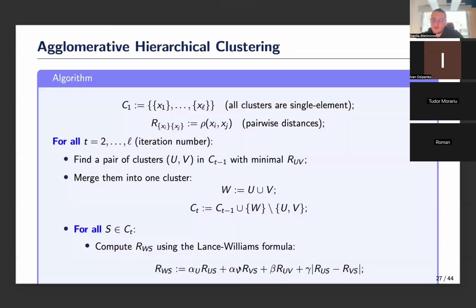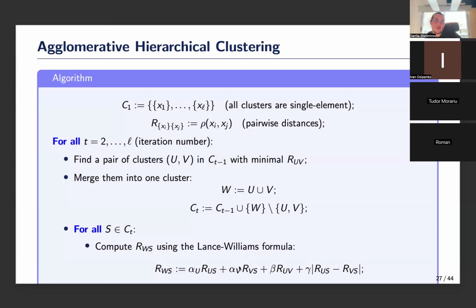I think we're going to go to the next theme. Hierarchical clustering algorithms, also known as taxonomy methods, do not just partition the dataset into non-overlapping clusters, but rather create a nested hierarchy of partitions.